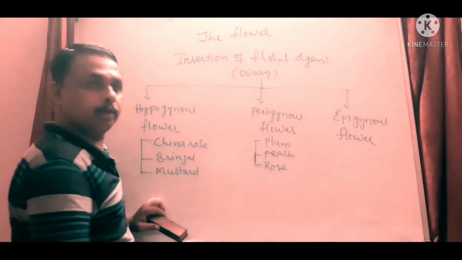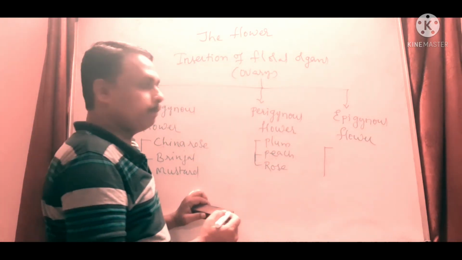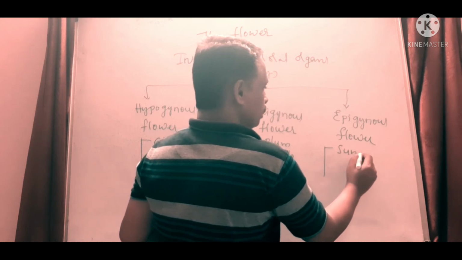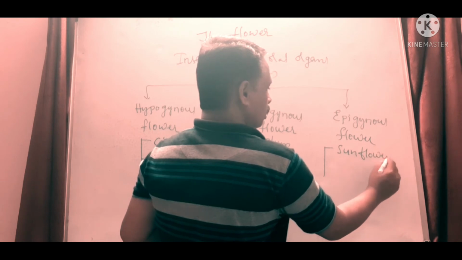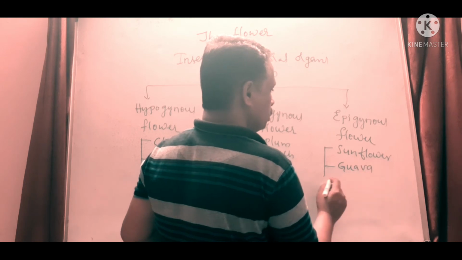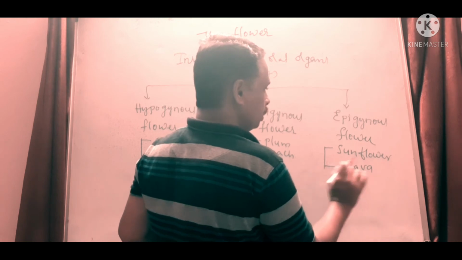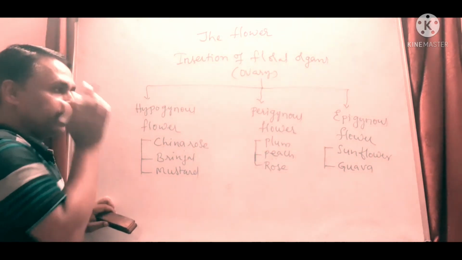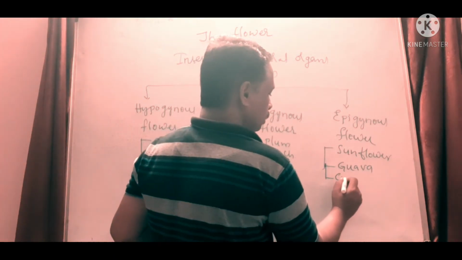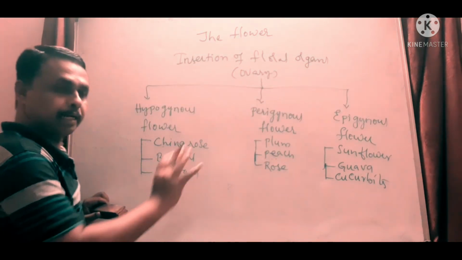Epigynous flower examples: sunflower, guava, and you can also write Cucurbita. These are the examples for this category.